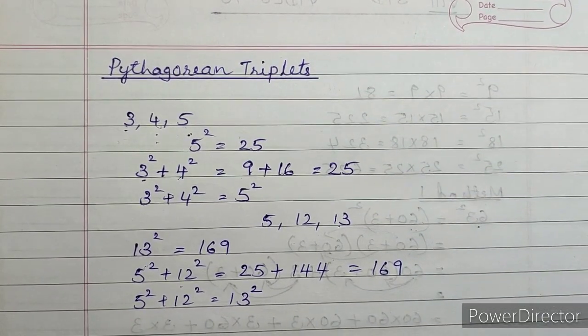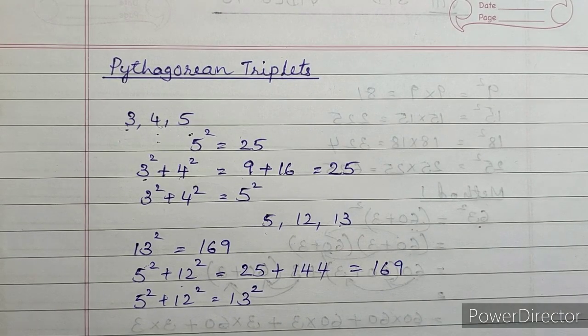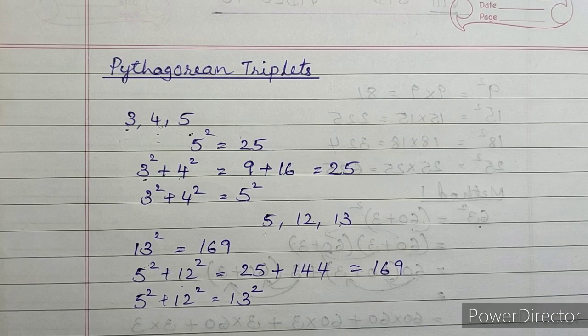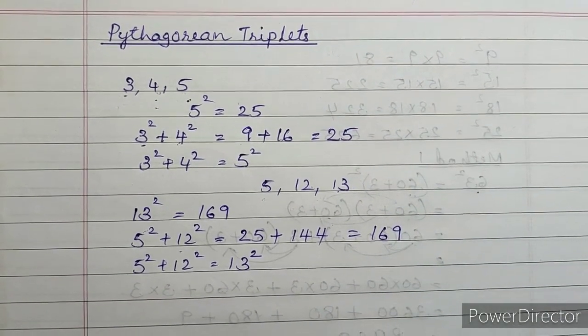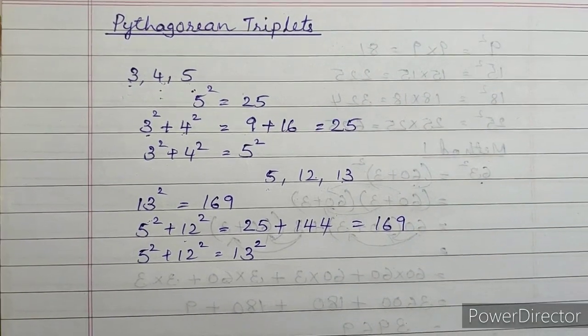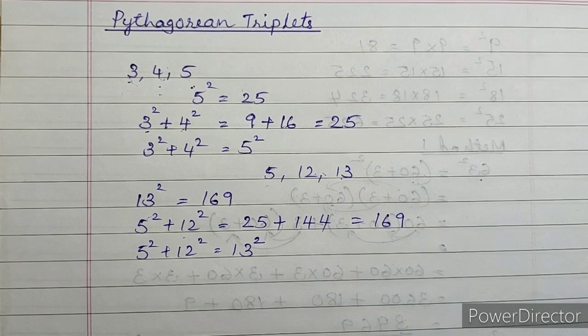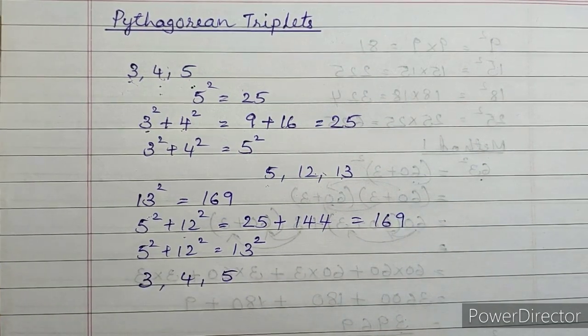Since this property exists for this collection of numbers 5, 12 and 13, you can say that these are Pythagorean triplets. So like this, we can make an infinite number of collections of 3 numbers. How will we make them? See, we can take these 2 sets of numbers only. First set: 3, 4, 5.